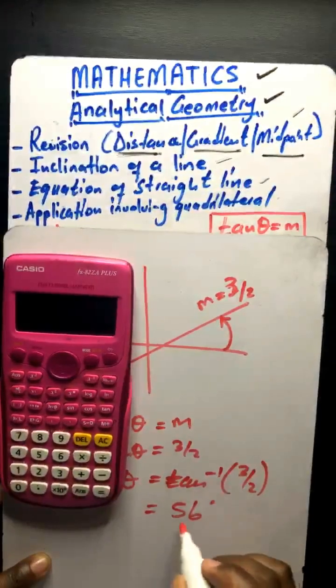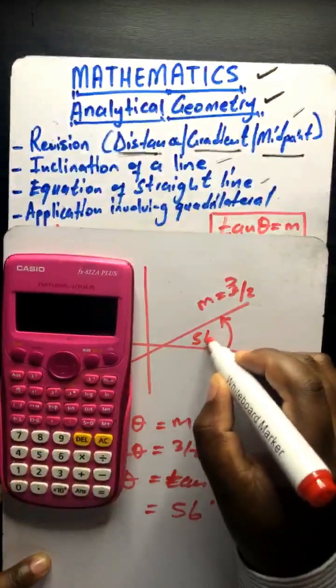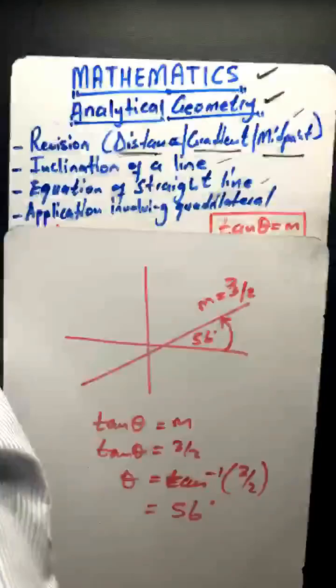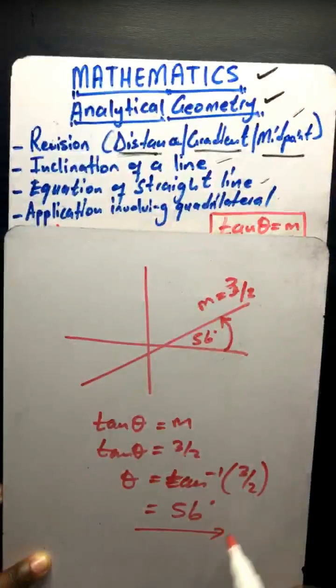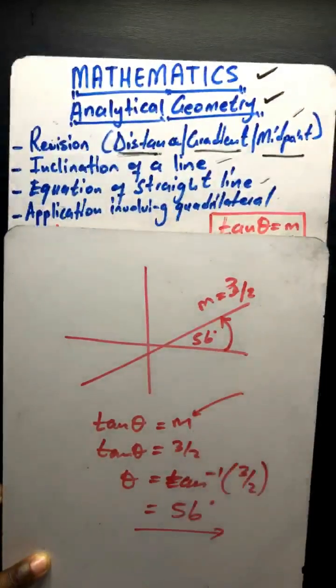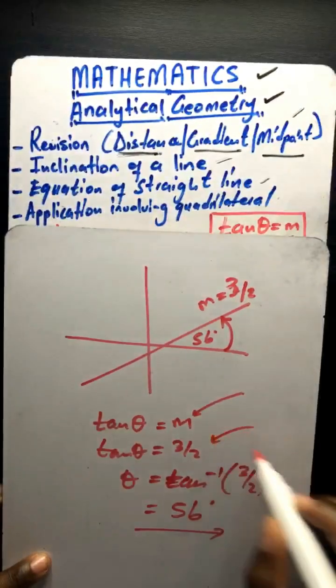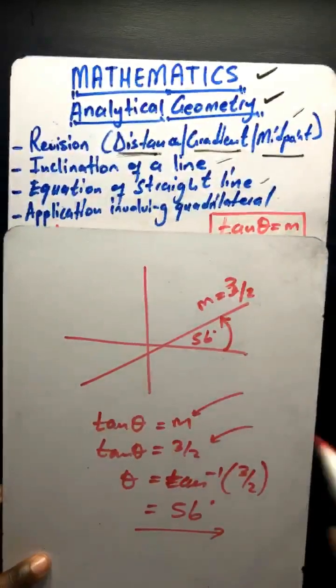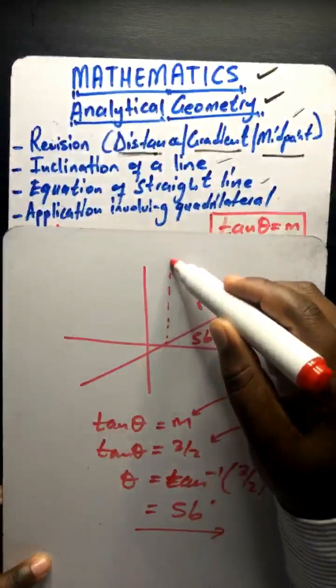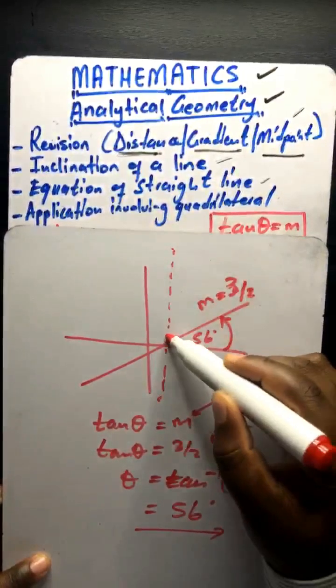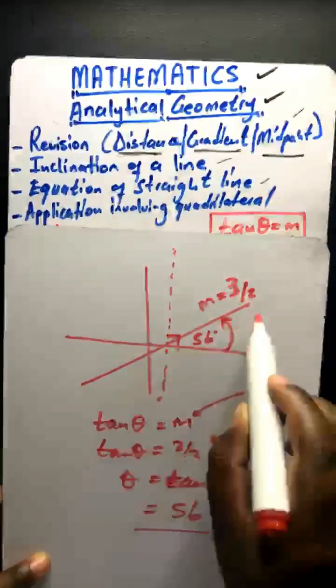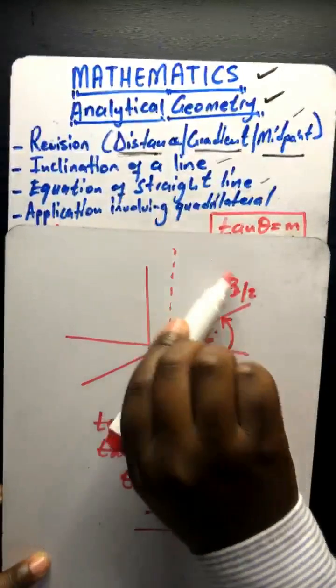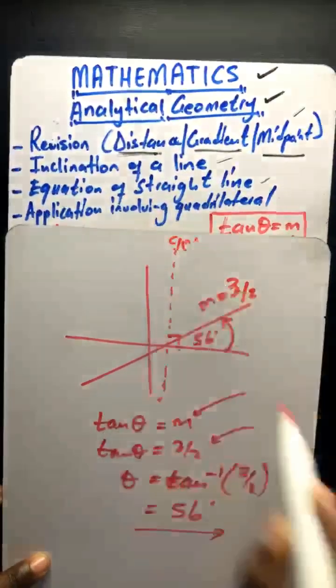So can you see? That means this is the angle of inclination. Why was that value positive? It was because I got a positive gradient. And most importantly, your answer has to be less than 90, because you can see that the line is still on this side of 90 degrees.